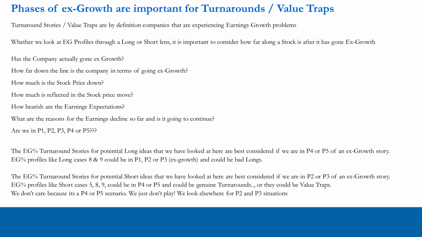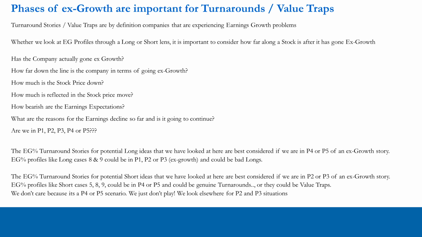We need to be very careful that we're not getting into a long position of an ex-growth stock where the earnings growth profiles, like cases 8 and 9, are in phase 1, phase 2, or phase 3, as these could just be very bad long positions. What we want to see is cases like case 8 and 9 in phase 4 or 5.